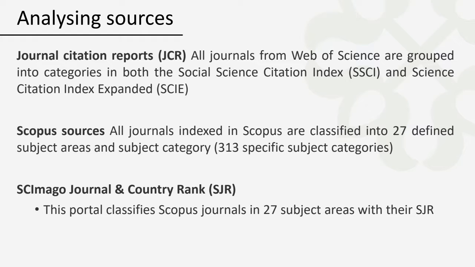We also have the SCImago Journal and Country Rank, which is based on Scopus data, but it is analysis done using different metrics. I'm not going to touch on that today, but I can send around some further information, and there is information in the slides as well.